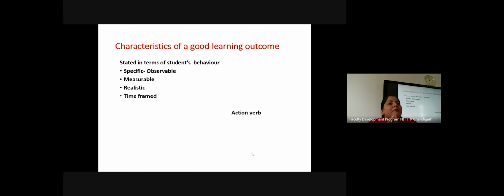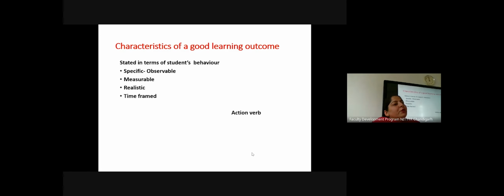Say when I'm saying demonstrate an activity with the help of a prototype model. Prototype model means in my laboratory there are all kinds of resources available with my student to design that prototype model. Once he or she is able to design that prototype model, only then he or she is able to demonstrate something.